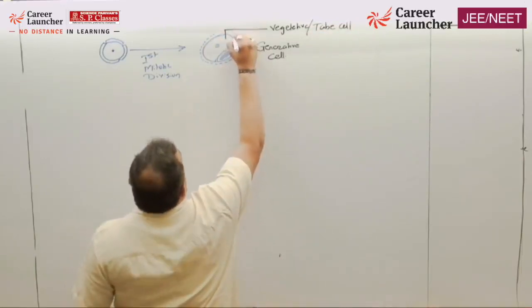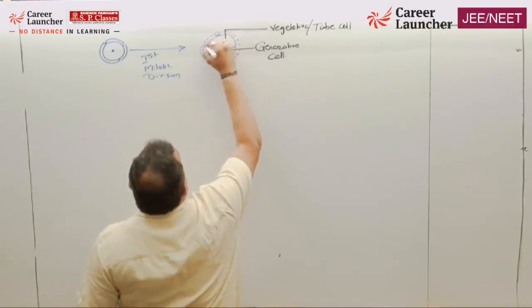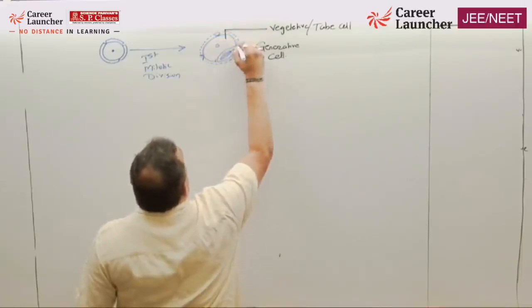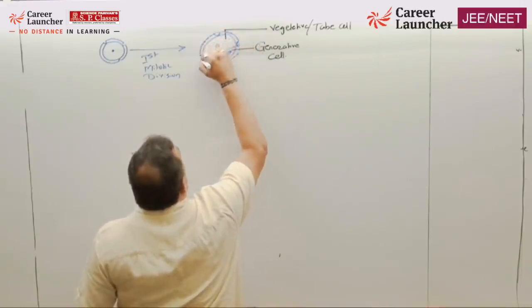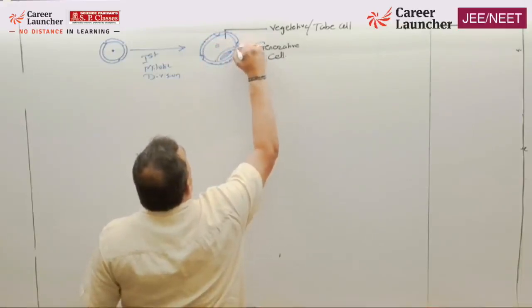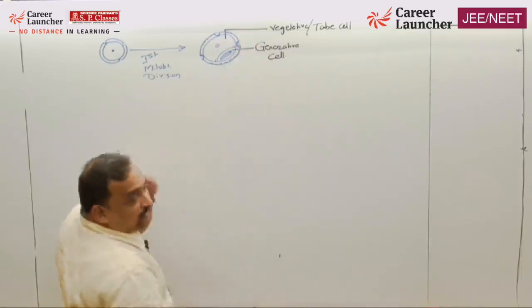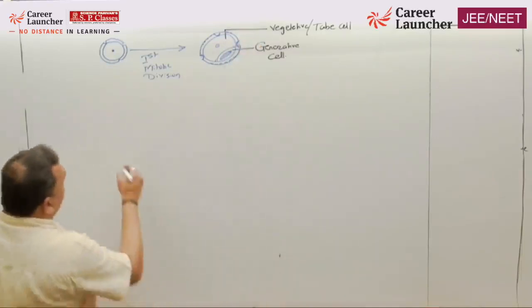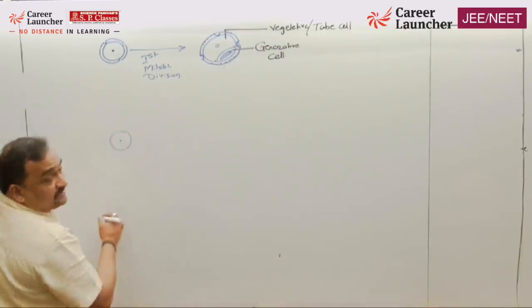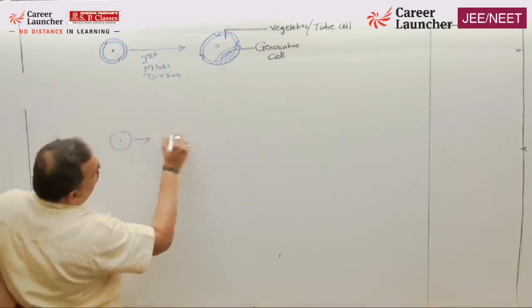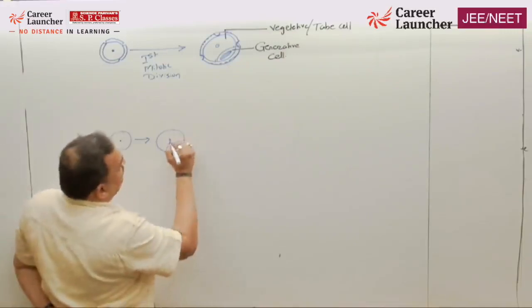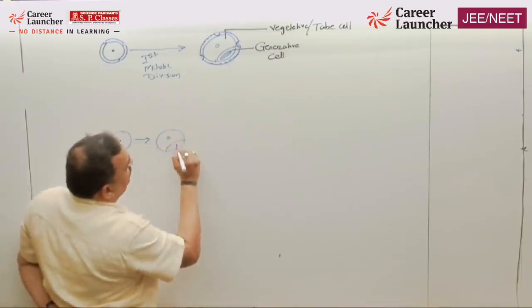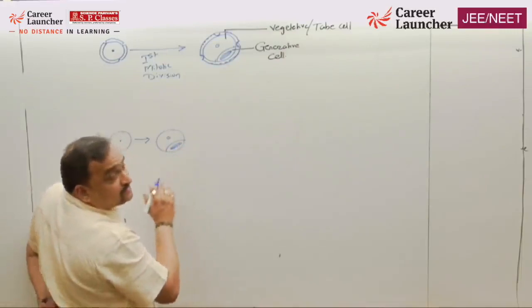That covering is sporoderm ka covering, barabar, with germ pores at irregular intervals. So about 60% of the pollen grains are shed at this point only. क्या बोला मैंने? You developed a single cell, barabar. It has undergone first mitotic division to form two cells. What are the two cells? There is a tube cell with a small nucleus and a one with the large nucleus is called as the generative cell.